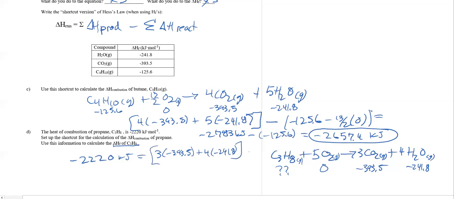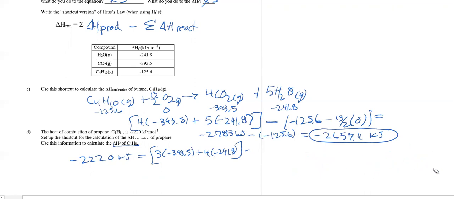Okay, that's our products. Minus, I'm going to make some space here, our C3H8. So 1 times delta HF C3H8, which we don't know, plus our 5 times our 0, which is our oxygen. And so we're trying to solve for this HF.